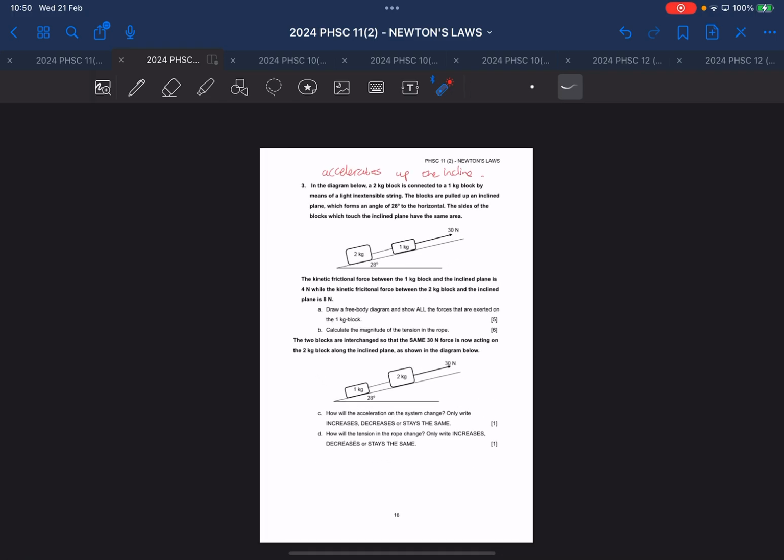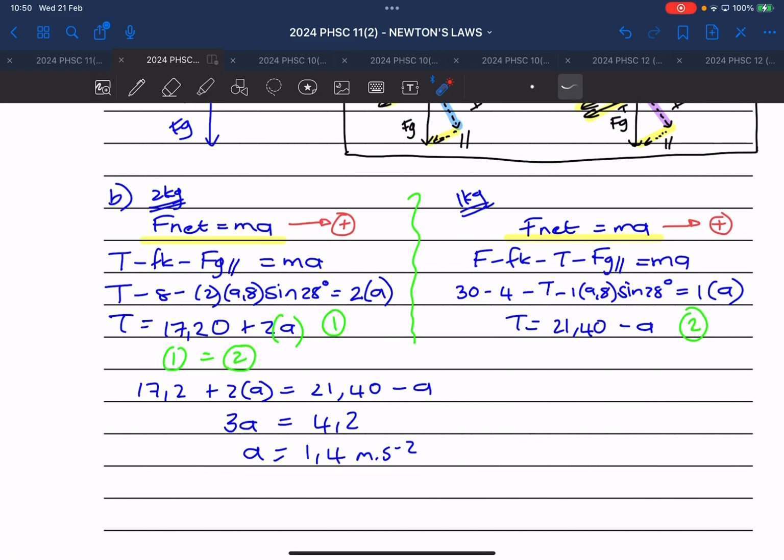Okay, so now that I have the acceleration, now I can calculate the tension. And it doesn't matter which one I choose, I must still get the same answer. So you can either substitute this into 1, or into 2. So the tension is thus 17.2 plus 2 times 1.4.